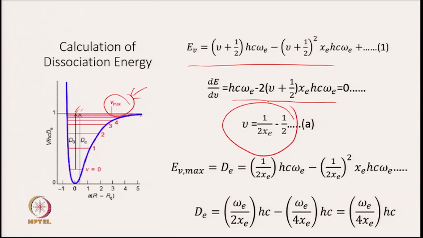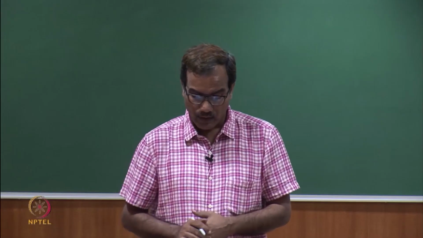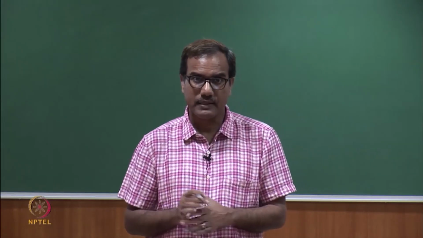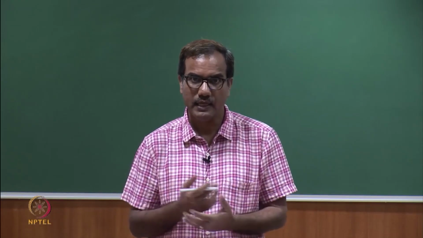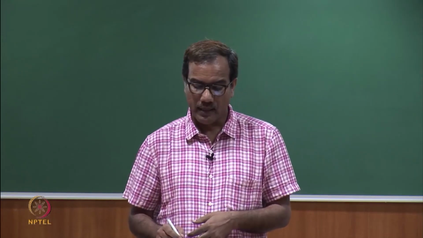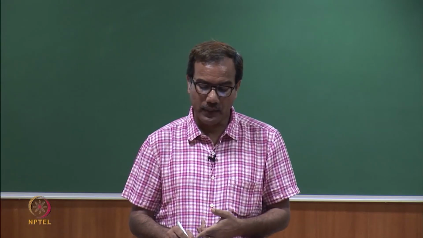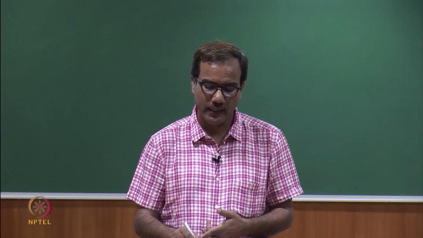V max is the vibrational level whose energy is maximum. So E at V max, which is basically known as D_e, is obtained by putting this V value in E_V.